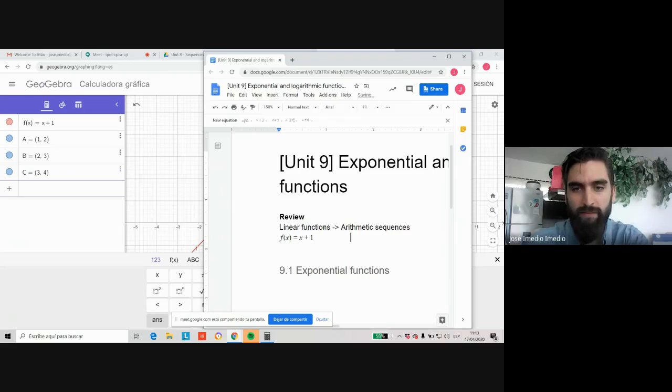And we have an equivalent arithmetic sequence, which is a sub n equals 1 plus n minus 1 times 1. I don't really need to write this times 1, but it's just to use the general formula.